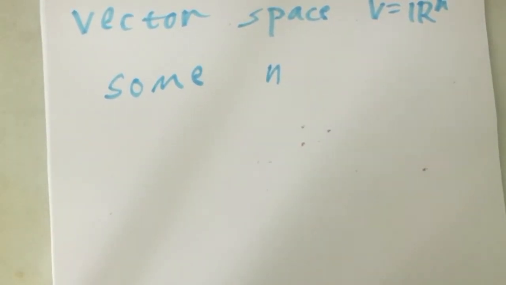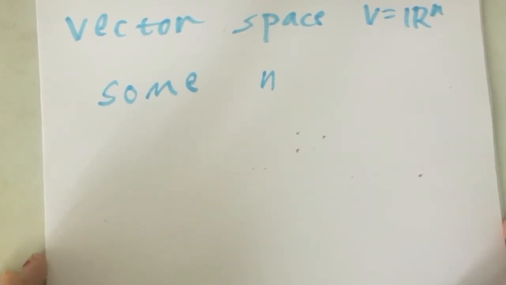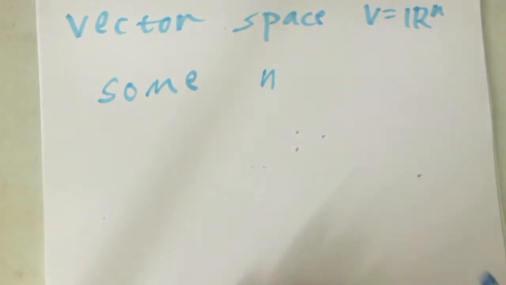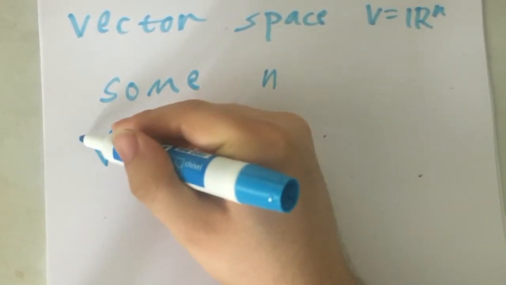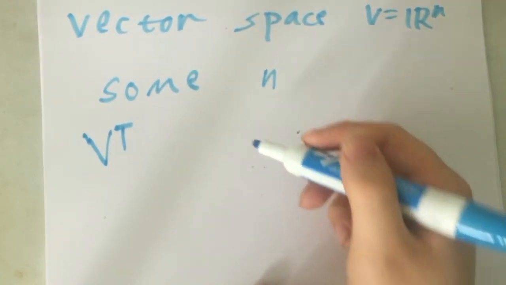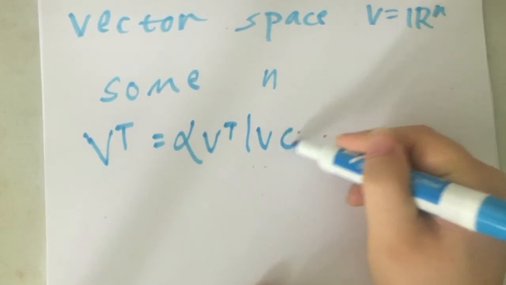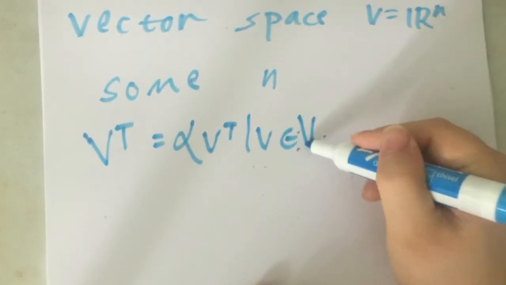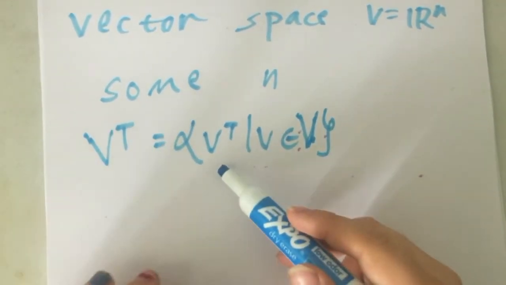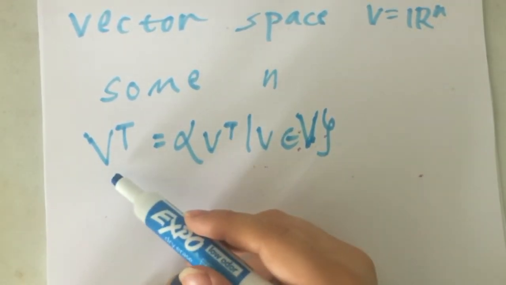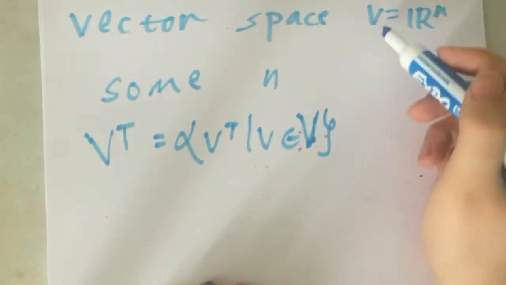That's what we're looking at here, and so that's V, and then we have V transpose, which is the set of v transpose for v in V. So we have our small v's and our big V's. These are individual vectors, and this is the set. This is the set of vectors.